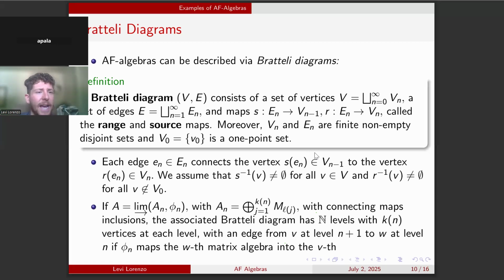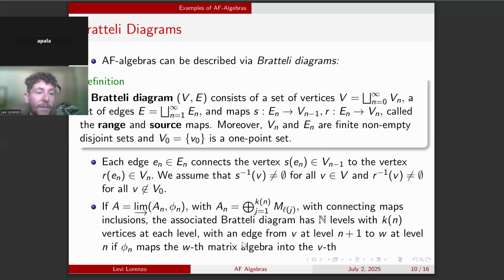The idea is that each edge connects a vertex at one level to a vertex at the next level, the source being where it starts, the range being where it ends. The last bullet point is how these Bratteli diagrams relate to AF algebras.